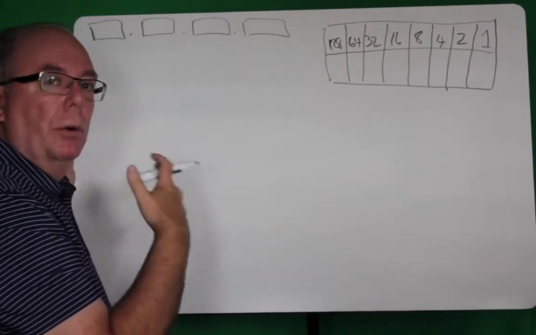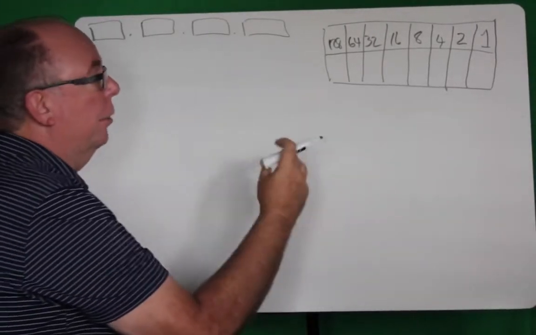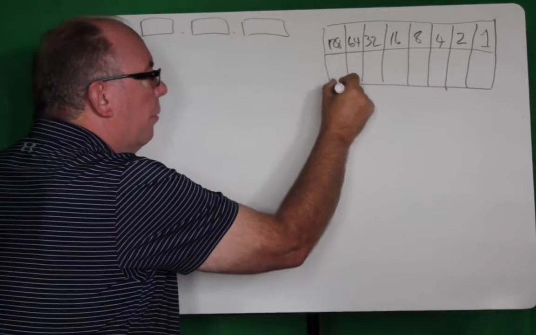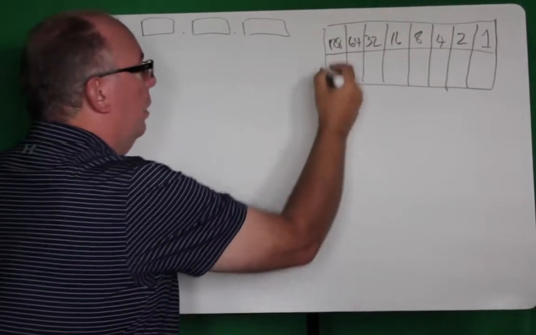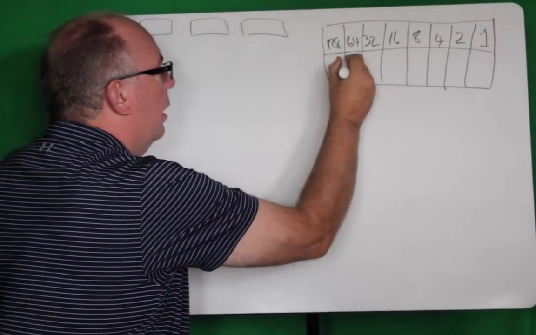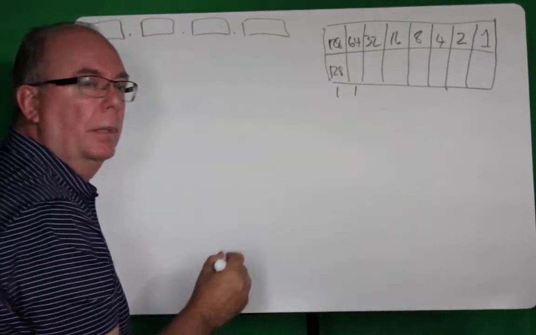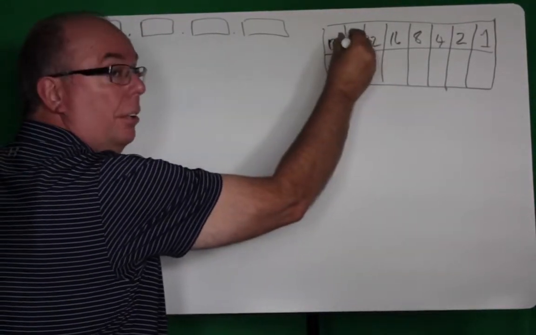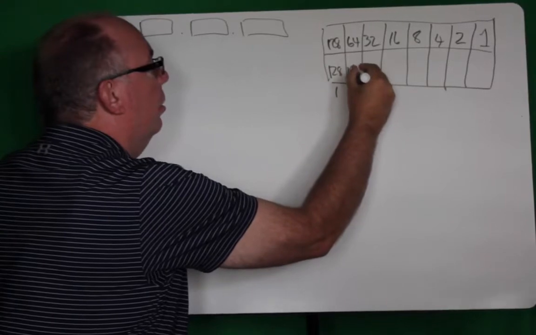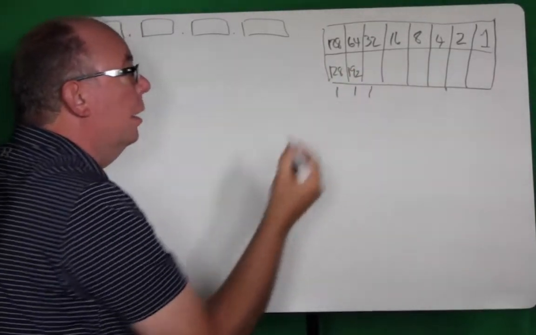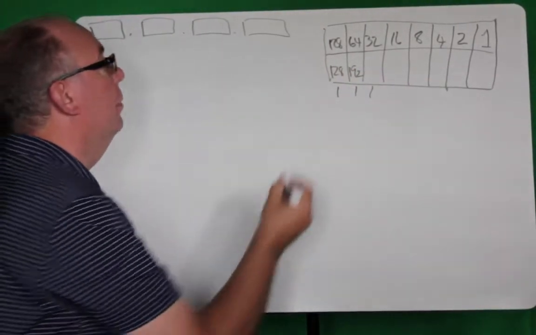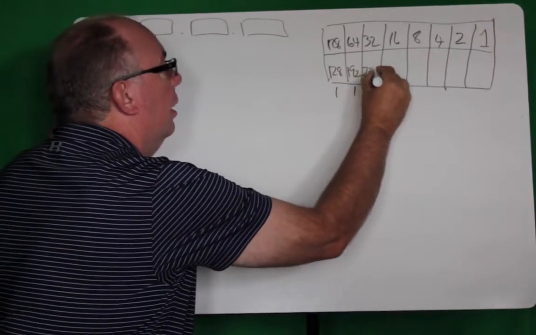That means if we were to represent a number, we would count the other way. So if we had a 1, for example, right here, its value would be 128. If we had 1, 1, the value would be 128 plus 64, or 192. If we had 1, 1, 1, you would add another 32 to that, so that would be 224.